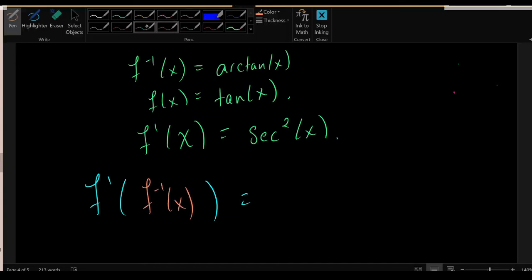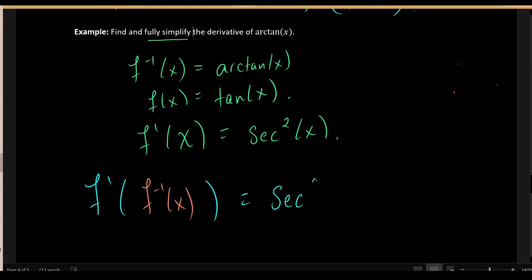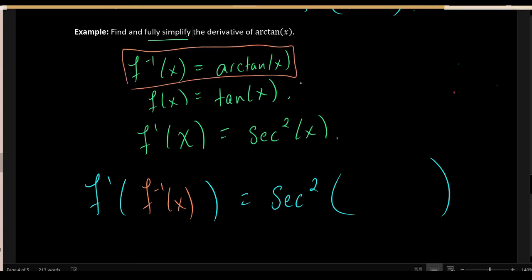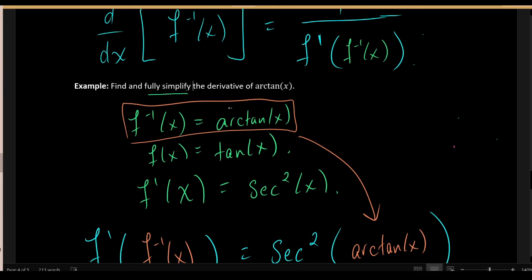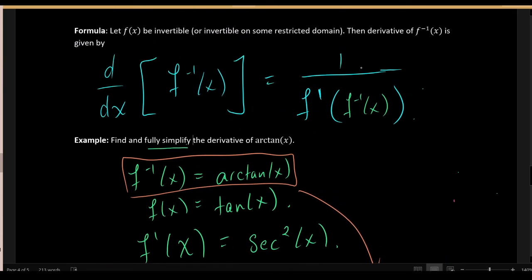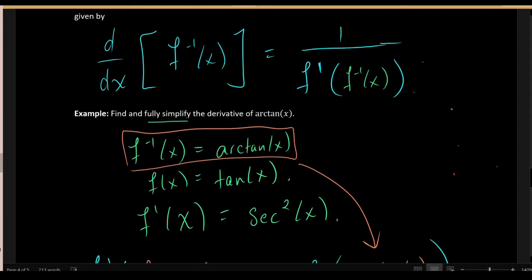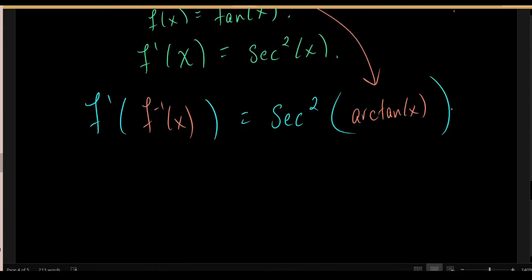Let's take secant squared, and instead of having secant squared of x, let's put in arctan. In order to find then the derivative of arctan, all I need to do is take the reciprocal of this quantity.